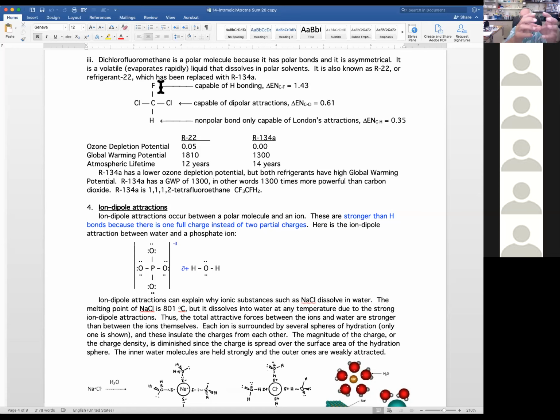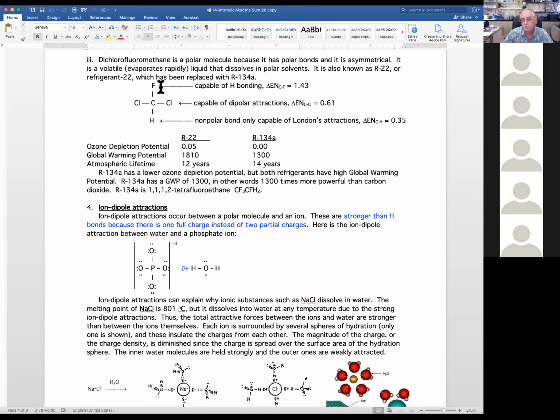Then that liquefied R22 comes into the other part of the compressor where it's allowed to expand. And when gases expand, they absorb heat energy. It gets cold. Then you blow the cold air across that into the room.